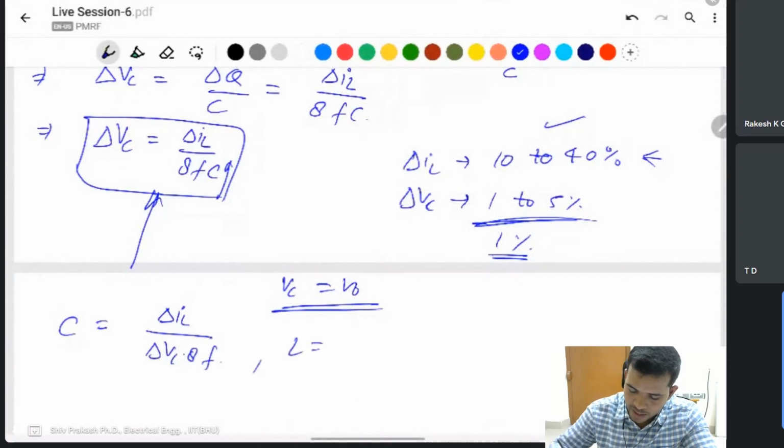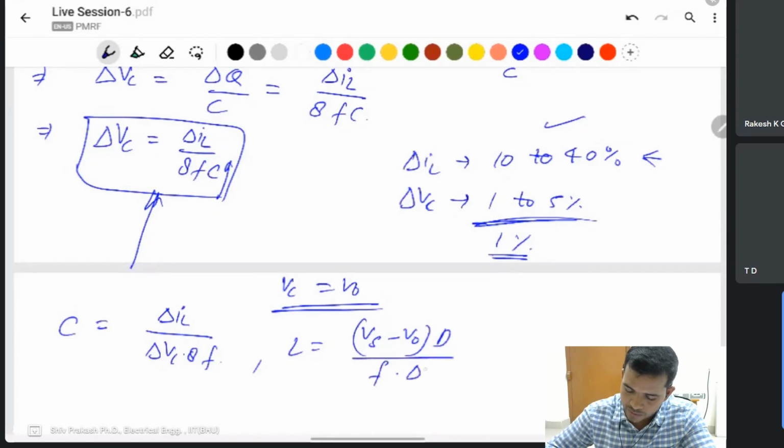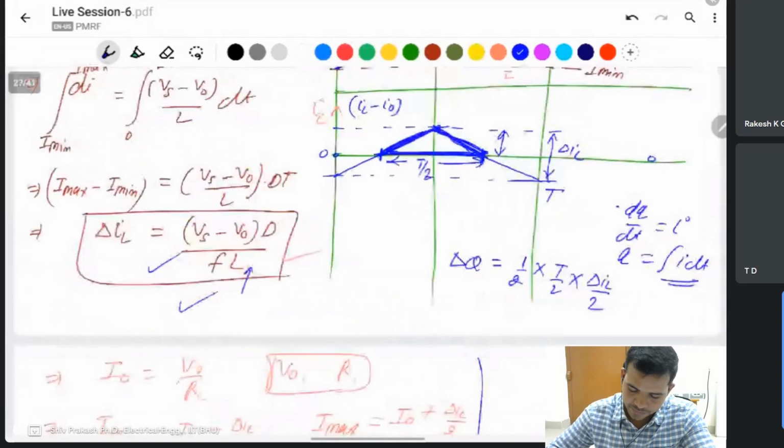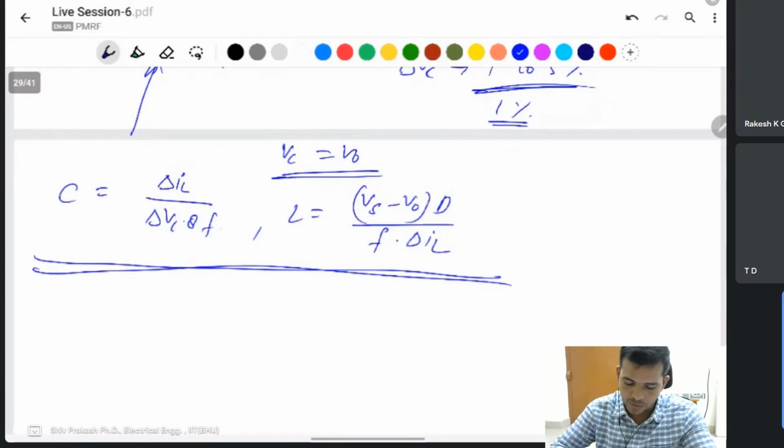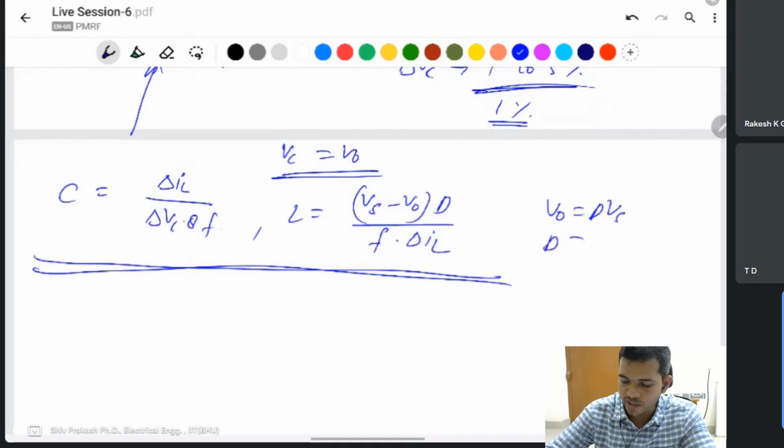And what will be the inductor value L: V output, so Vs minus V0, into D divided by F into delta IL. This way you can design a buck converter. Duty ratio, you know about duty ratio, D, you can find it here as V output by Vs.